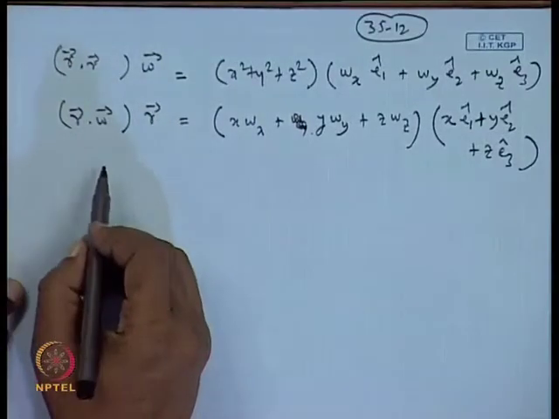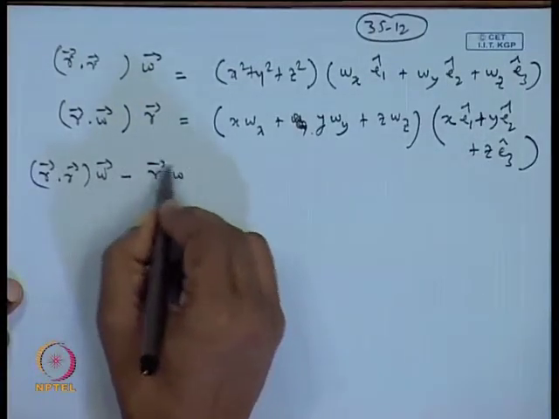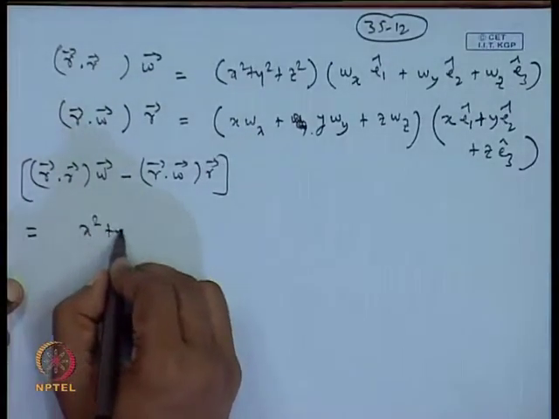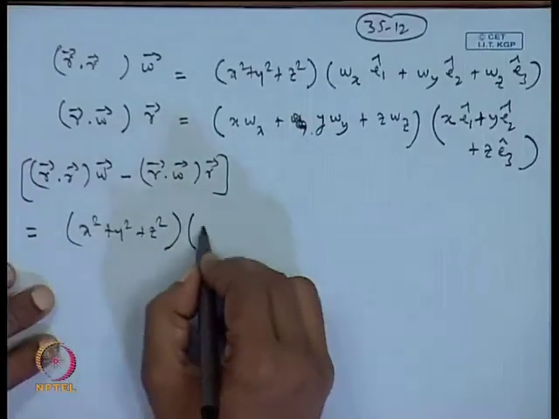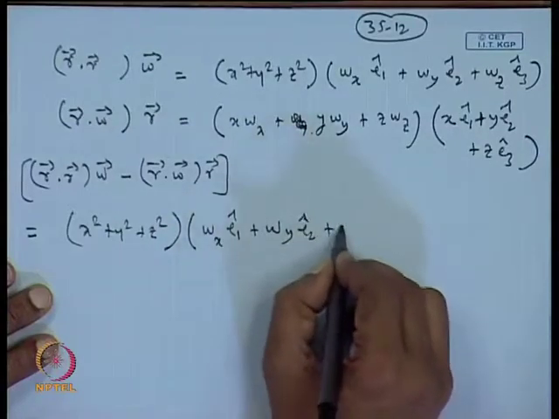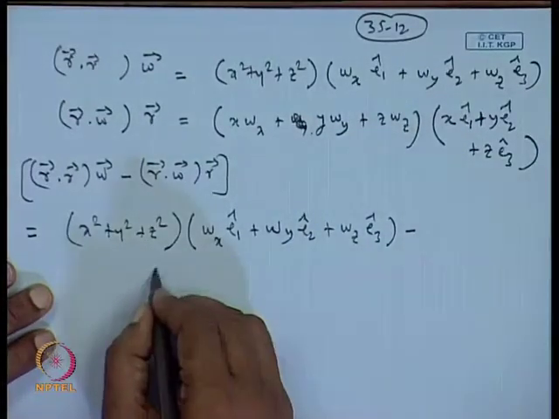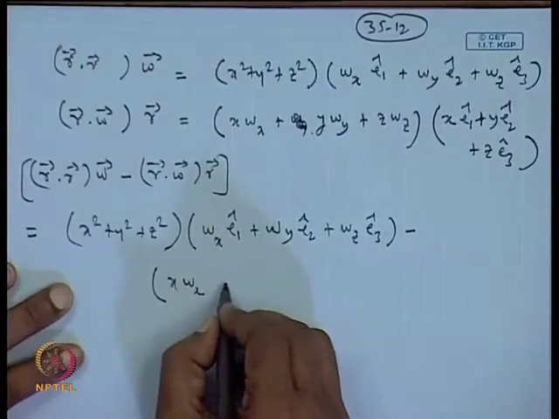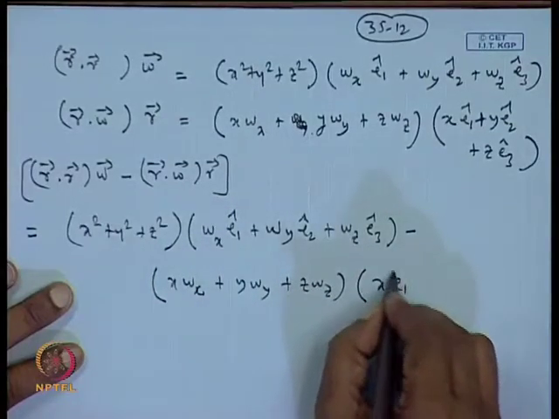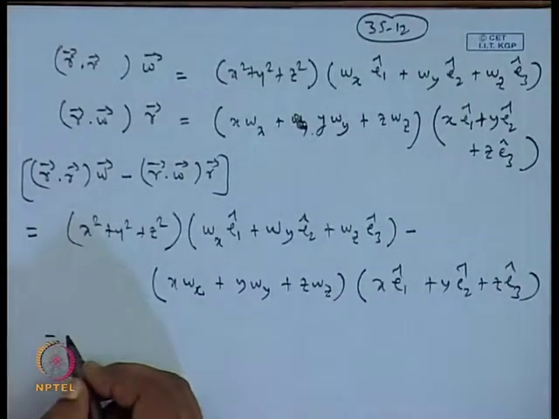Okay. And then we need to subtract them. So, r dot r times omega minus r dot omega times r, this quantity will be equal to x square plus y square plus z square, E 2 cap plus omega z E 3 cap minus z E 3 cap, and then this can be simplified.